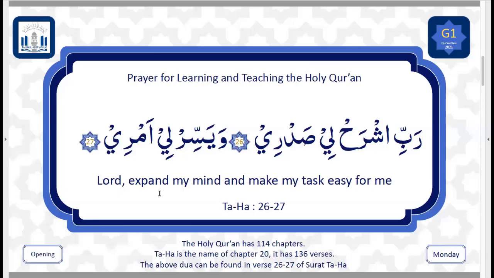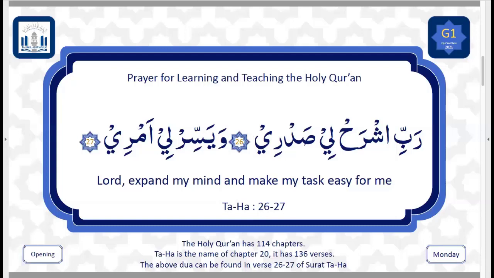Lord, expand my mind and make my task easy for me. And do you know what this says here? Taha 26:27. Well done. So Taha 26:27 means that it's in Surah Taha, and the verses are 26 to 27. Jazakumullah G1316. Allah Hafiz.